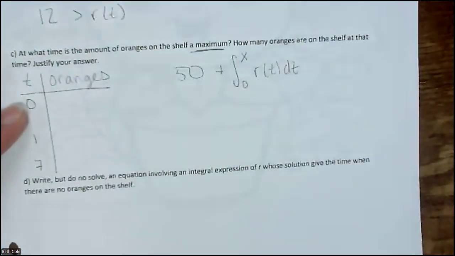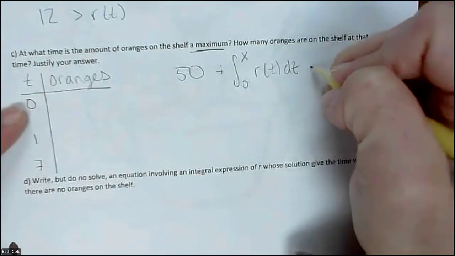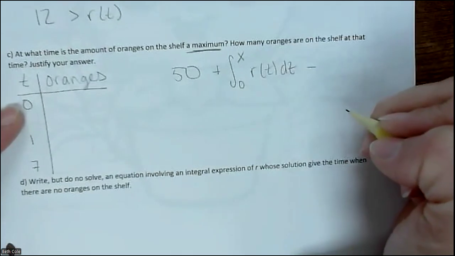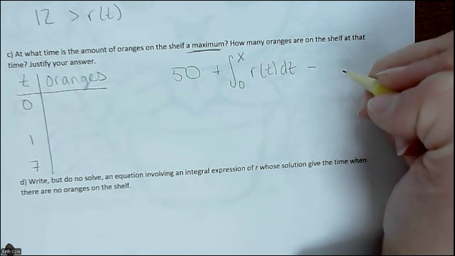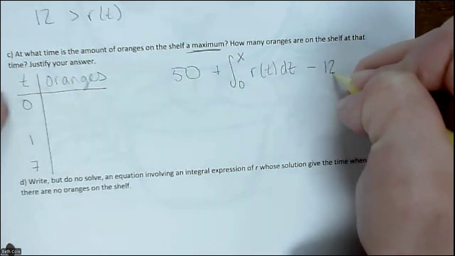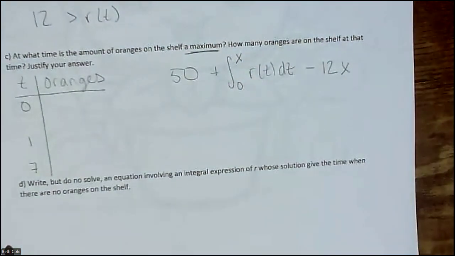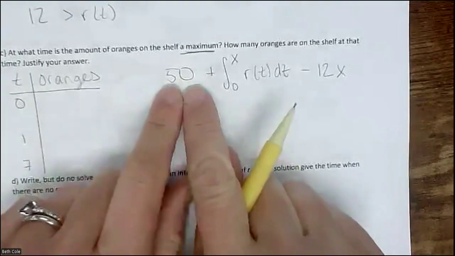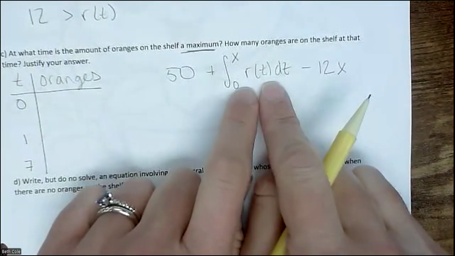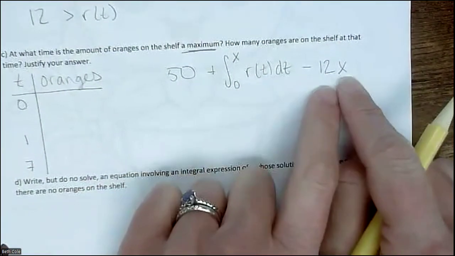But then oranges are being taken, so we want to do minus. It was 12 per hour. 12x, because it's 12 per hour. So that's the function that we had to write. It's what you started with, plus how many went in, that's your accumulation, minus how many went out.